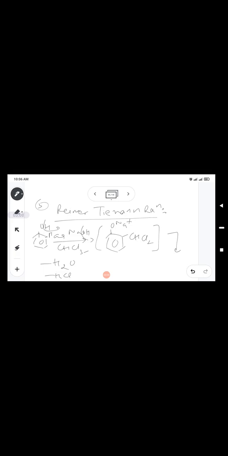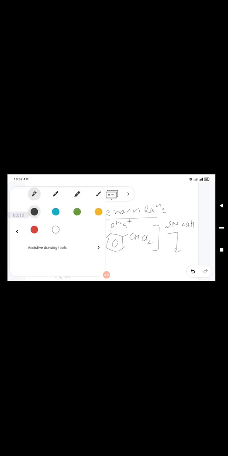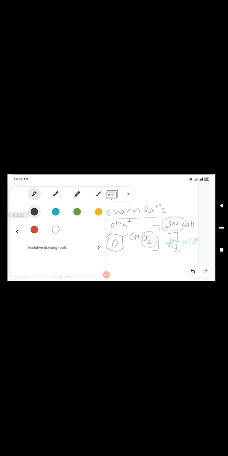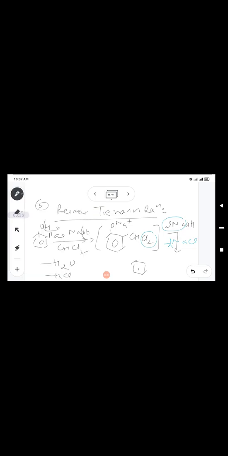When this intermediate is treated with NaOH, then two chloride ions and two sodium ions get combined and released in the form of 2 molecules of NaCl, and then you get this intermediate.